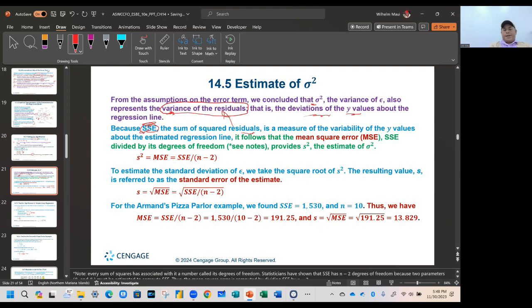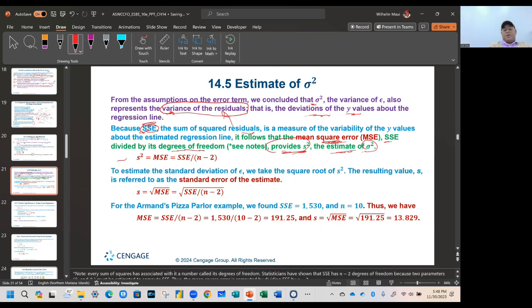So it follows that your mean square error is the sum of squares error divided by its degrees of freedom. We defined this before in the previous chapter. And so your sample variance is your estimate of your population variance, no?